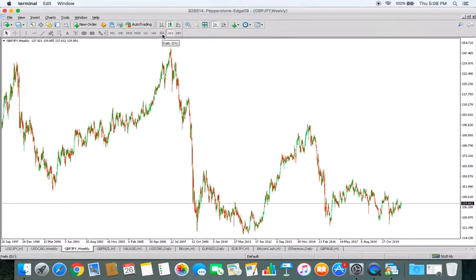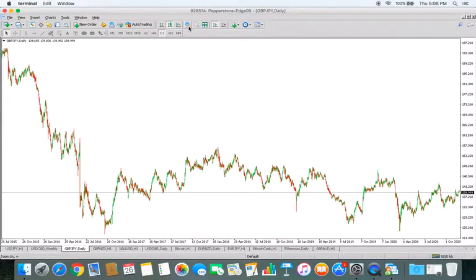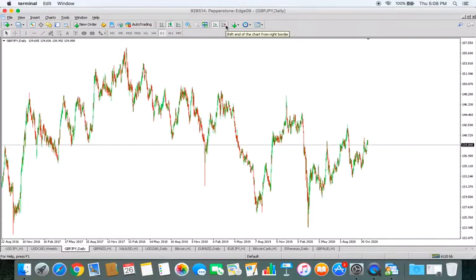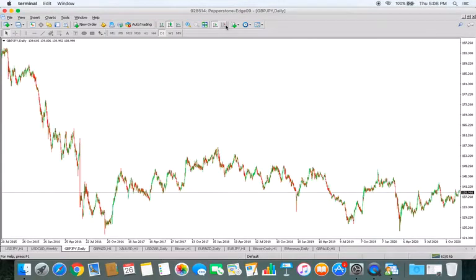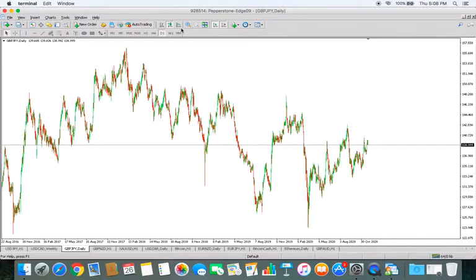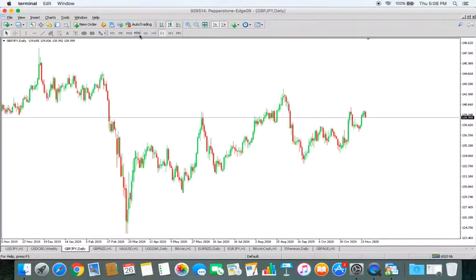We shall start. Let's go back to the daily time frame chart and look at its possibilities. Let's try to zoom in. We're going to start drawing some diagonal line here.